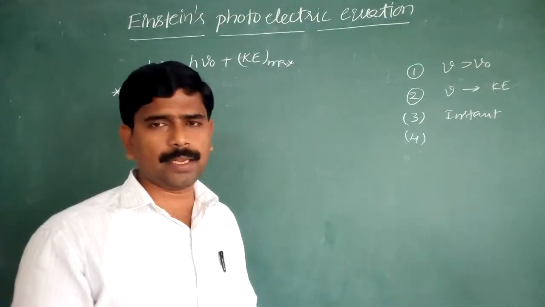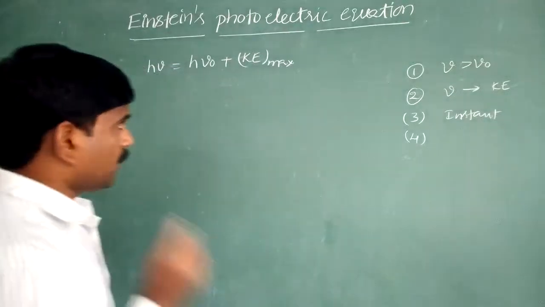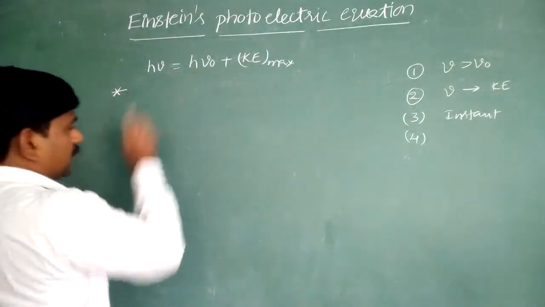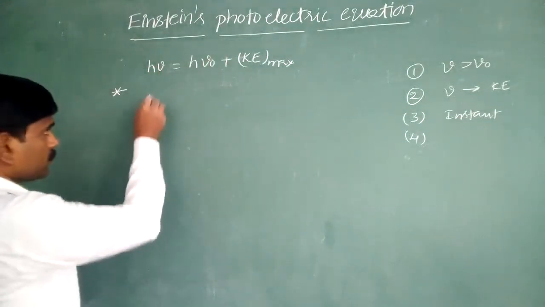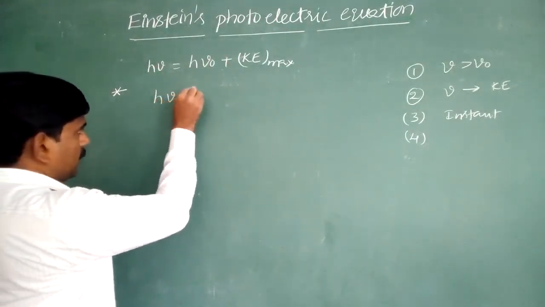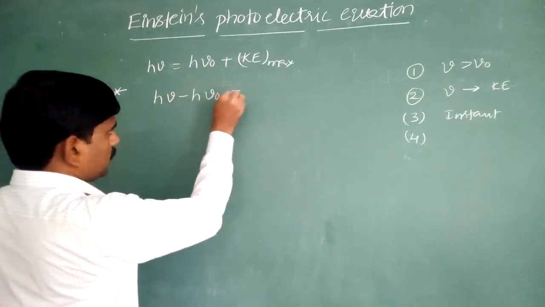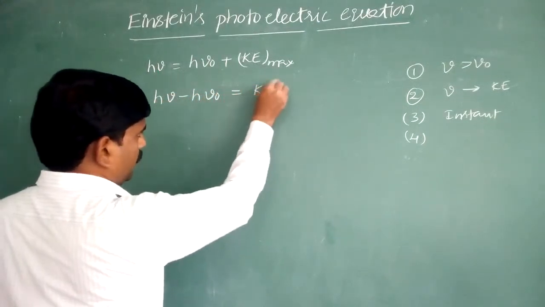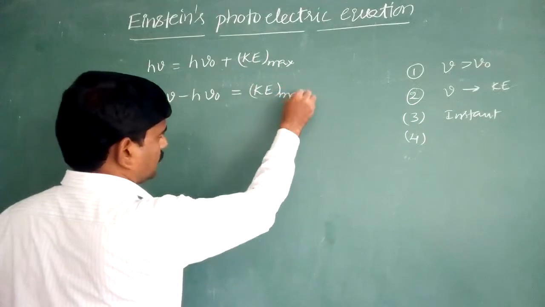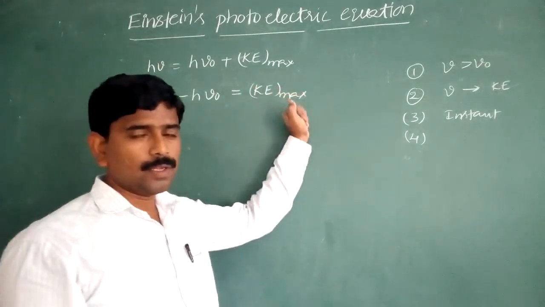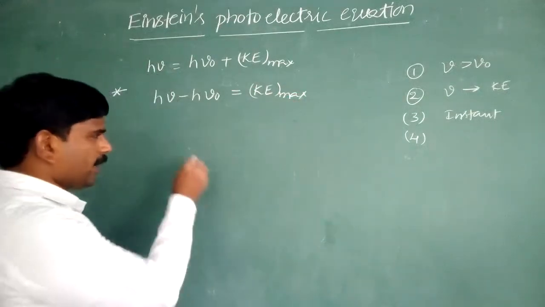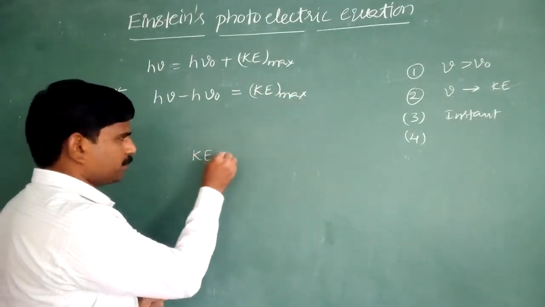Einstein photoelectric equation. First, observe the expression: h nu minus h nu naught is equal to kinetic energy, that is nothing but the maximum kinetic energy. Observe, kinetic energy is always positive.